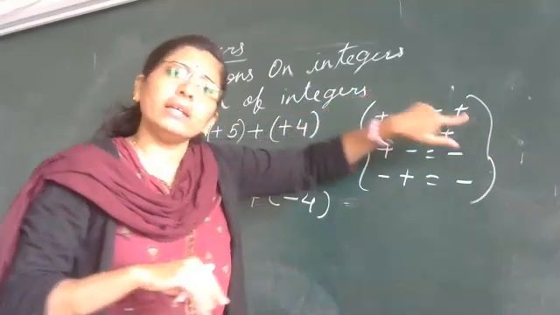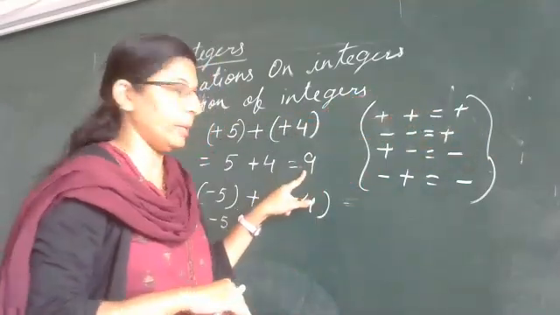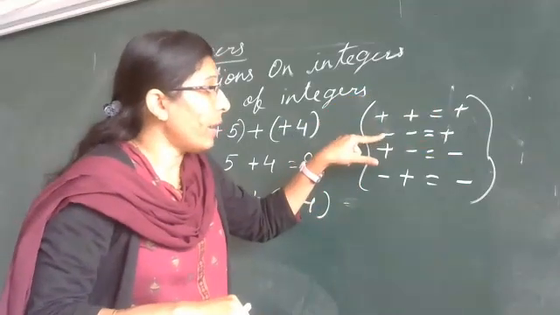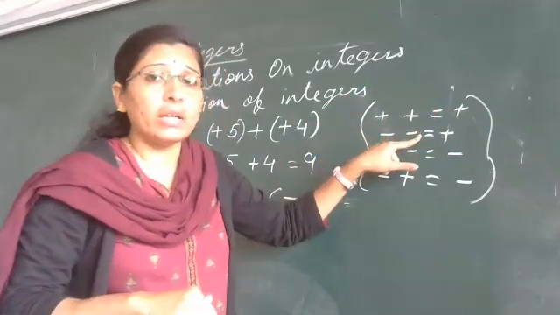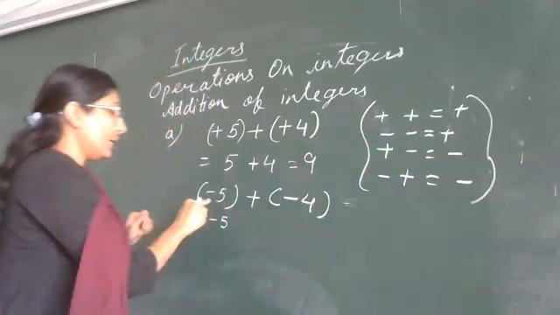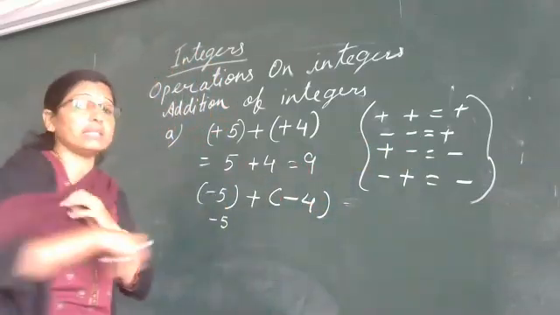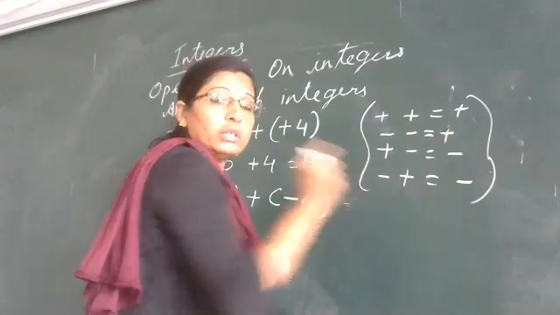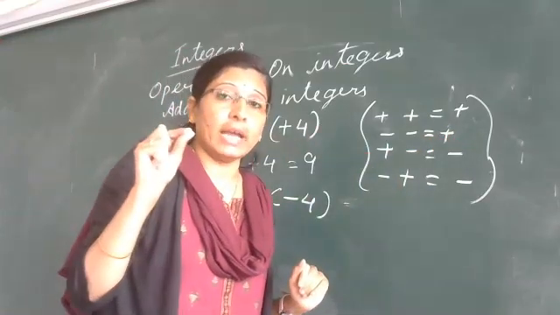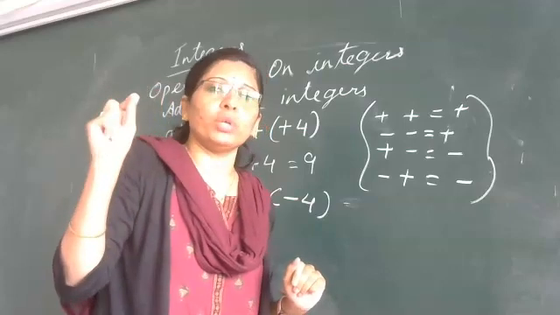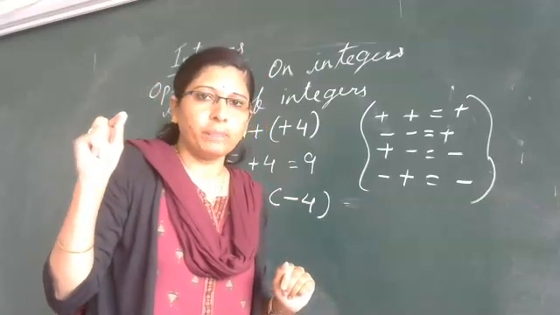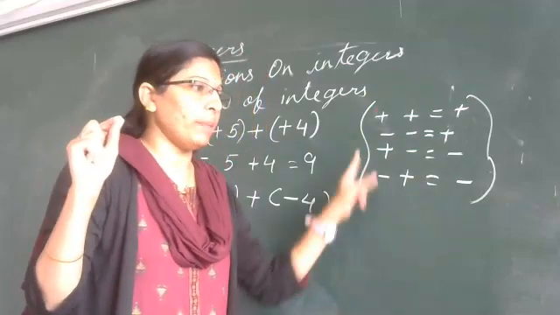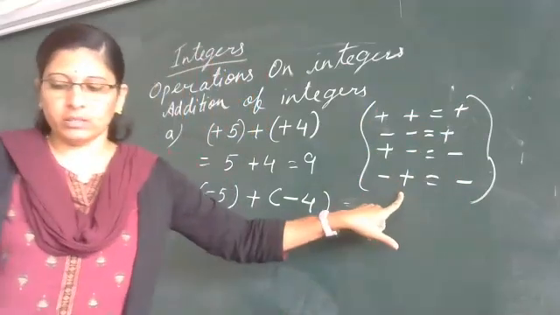When two plus are there, the answer will come in plus only. But when two minus are there, the greater number's sign will come in the answer. You write this and keep it in mind.